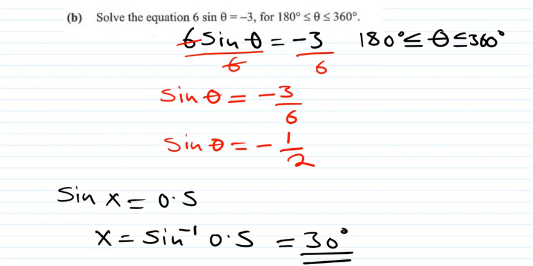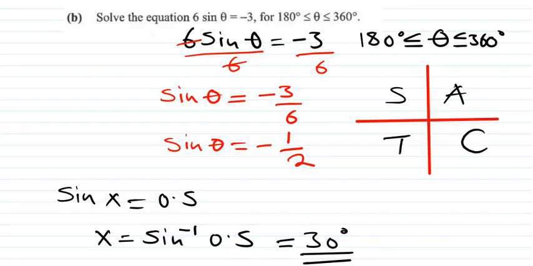Now you and I know that we've got 4 quadrants. If you didn't know, please know that today. All students take calculus. That helps us remember the quadrants. The first quadrant is from 0 to 90, then 90 to 180, 180 to 270, and then 270 to 360.